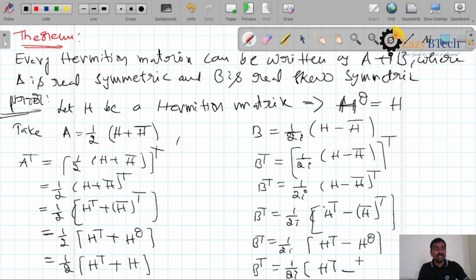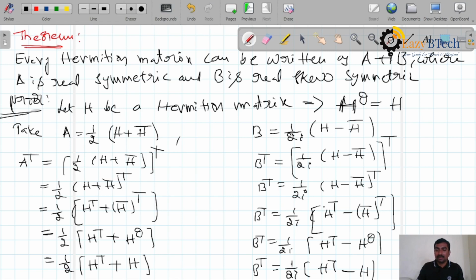H power theta means, in the problem they have given H is Hermitian matrix. H is Hermitian means H power theta equals H. Therefore at this place we can write H. Since H power theta equals H, yes.